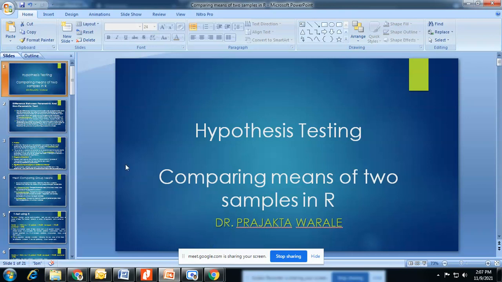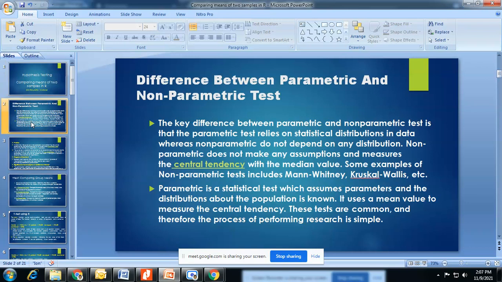See, there are two types of tests. One is called as parametric test and another is called as non-parametric test. Now what is the difference between parametric and non-parametric test is that the parametric test basically relies on the statistical distribution in the data.